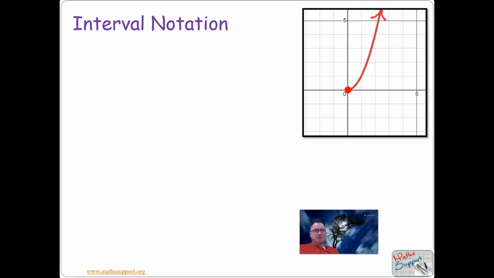Right? Okay, a graph going upward. So this is a solid dot, so we're going to use a bracket. So the y-coordinate of 0 is there, and then the y-coordinate positive infinity, that keeps going up and up and up.